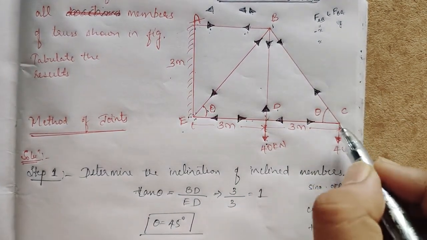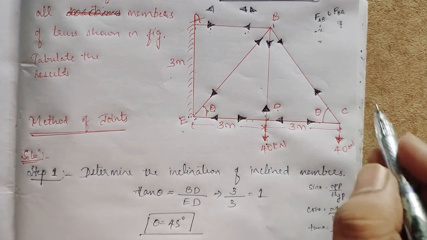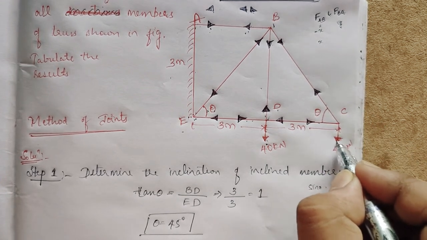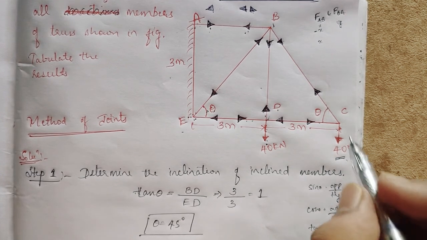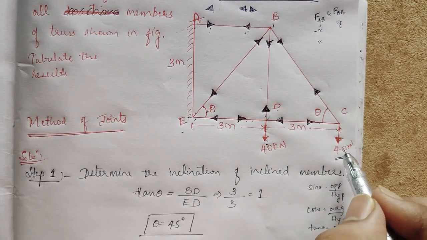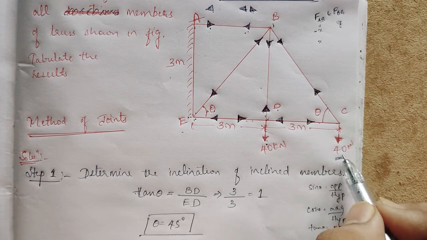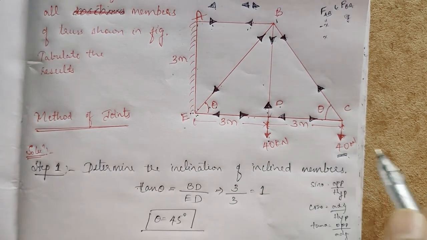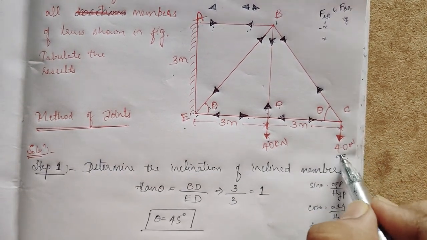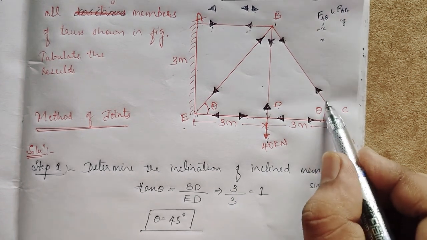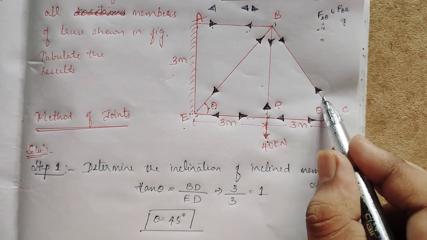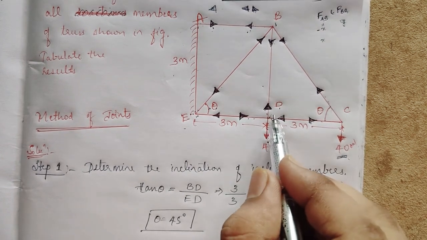How about C? If we take C, 1 2 3 unknowns, but one unknown we already know, that is 40 kilonewton. At C we have 3 forces, but one force we know, that is 40 kilonewton. What are the unknowns? 2 unknowns, this one and this one. If you find this one and this one, what about this?